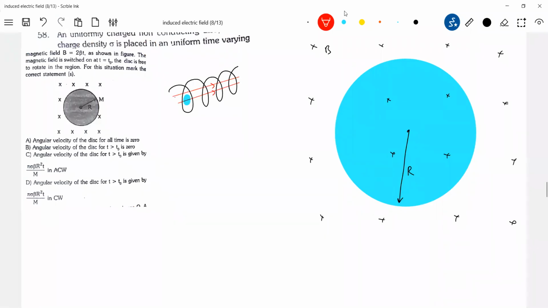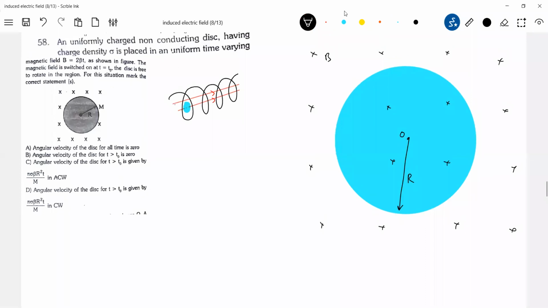Able to imagine the condition? B bar. So this point O is the axis of the solenoid. Always keep this in mind. We don't have, till now, a magnetic element which can produce a magnetic field in a region with a perfect square boundary. Though in numericals they show it, it's hypothetical. We don't have any current carrying structure which can produce a magnetic field confined to a square boundary.